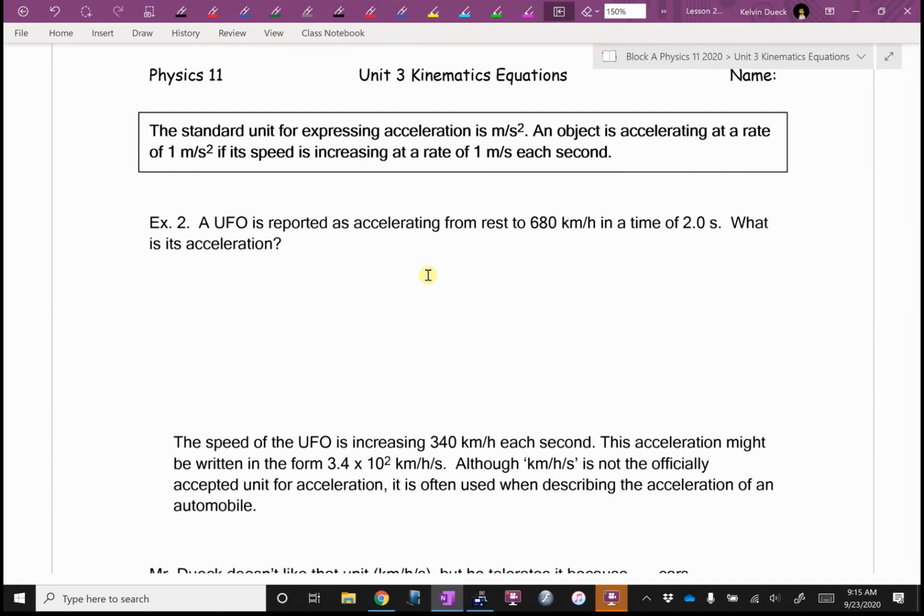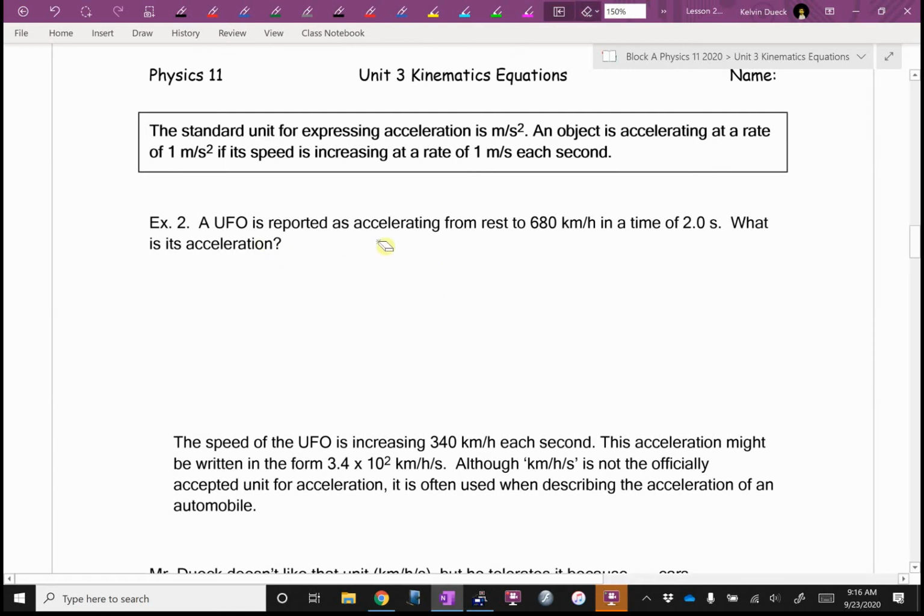If it's accelerating at 5 meters per second squared, every second it's gaining 5 meters per second of velocity. There is a second unit, and we use it sometimes because of cars. It's kilometers per hour per second. The reason is your car speedometers give you your speeds in kilometers per hour. I hate it. I'm including it in this question, and then I won't ask it of you on a test or a quiz, but I'm covering it.